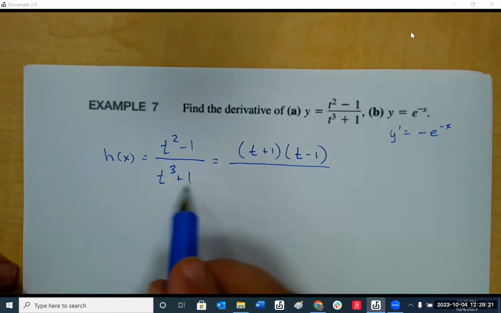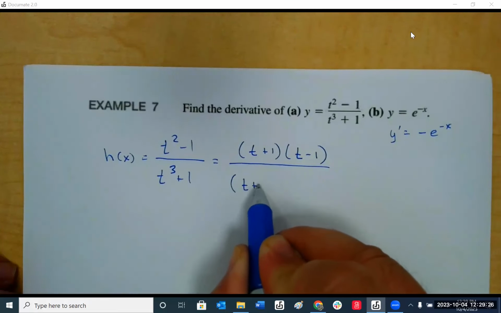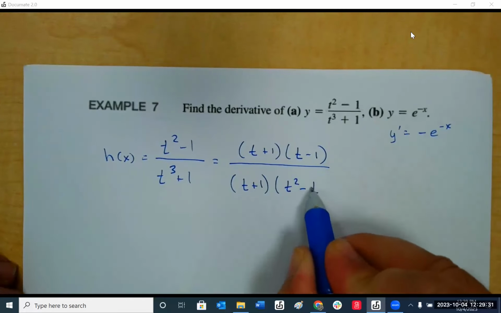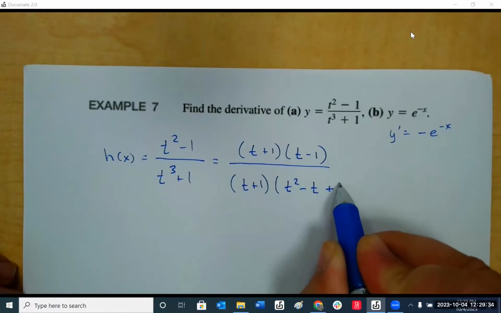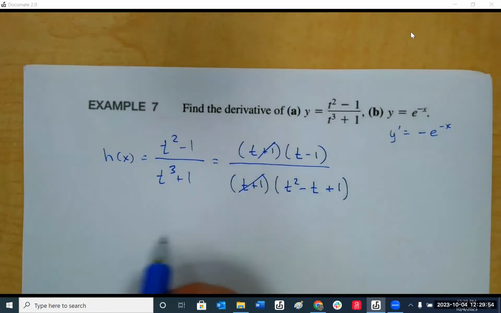The bottom one is a sum of two cubes, which is t plus 1, t squared minus t plus 1. So the t plus 1's cancel. So our function really is this.